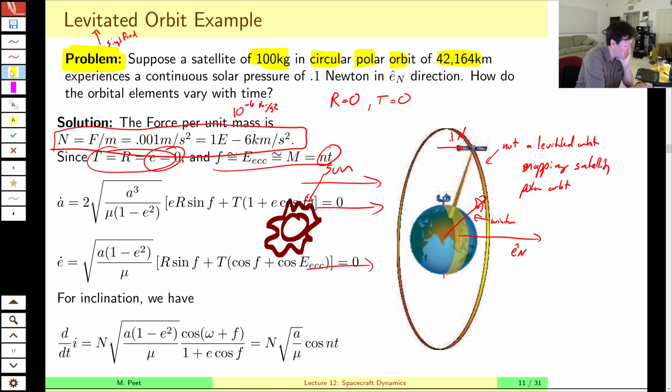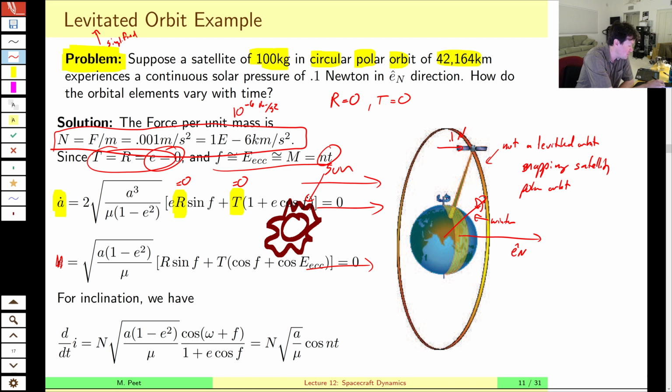First of all, we'll look at the semi-major axis, the energy of the orbit. We can already tell that there's not going to be any change in the semi-major axis because all the forces are perpendicular to the orbital plane. This plays out because R and T are both 0, and so the whole expression is 0.